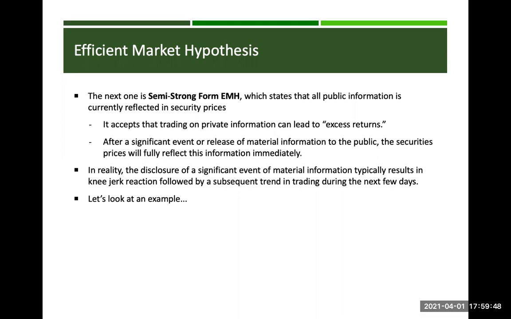When there is a disclosure of significant information that materially changes the prospects or financial health of a company for at least the near to intermediate term, there is going to be a knee-jerk reaction. But what some academic papers have revealed in studying these types of events is that they're typically followed by a trend for the next 1 to 2 weeks at least in that same direction.